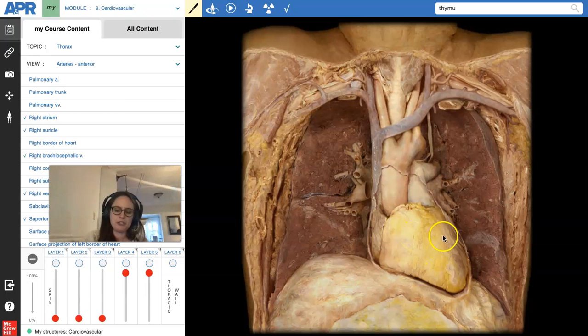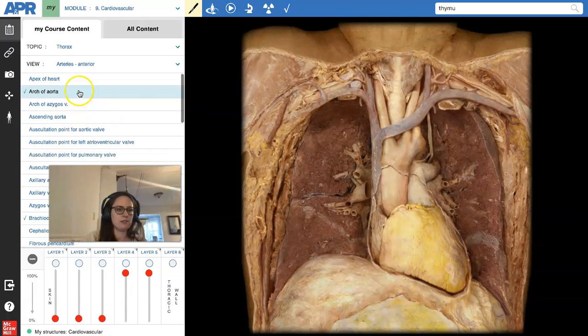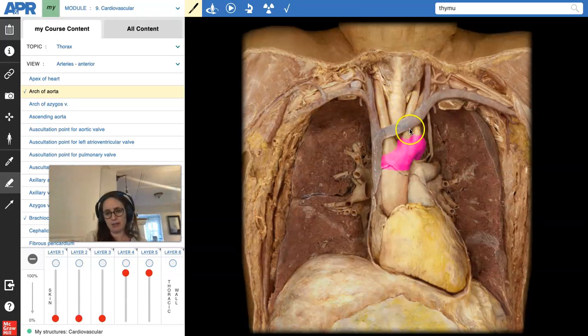Now I can start to appreciate more of this aortic arch right here. Let's do aortic arch. So the aortic arch makes this the brachiocephalic, this the left common carotid, and this the subclavian. For arteries, you only have a brachiocephalic on the right. You do not have a left brachiocephalic artery.